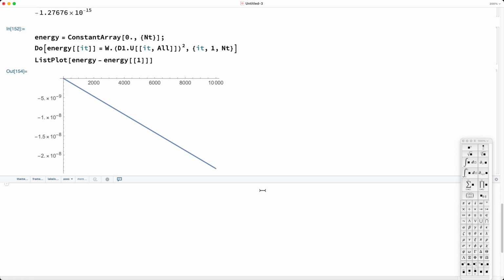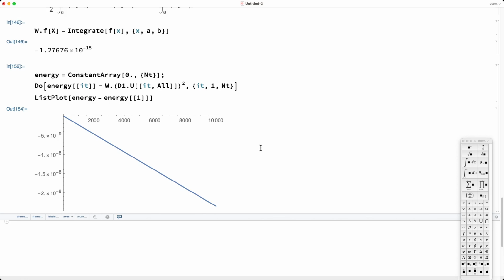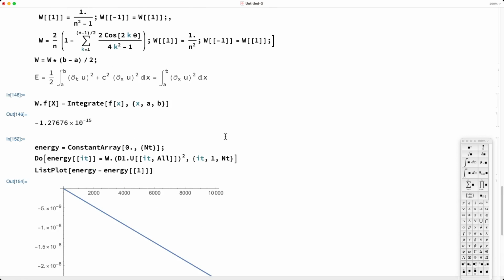As time goes by, this is going to get worse, and it may start impacting the qualitative nature of your solution. But this is all to be expected because we're using a Runge-Kutta method, which is not time symmetric, and so it doesn't respect symmetries of the underlying continuum system that we're solving.